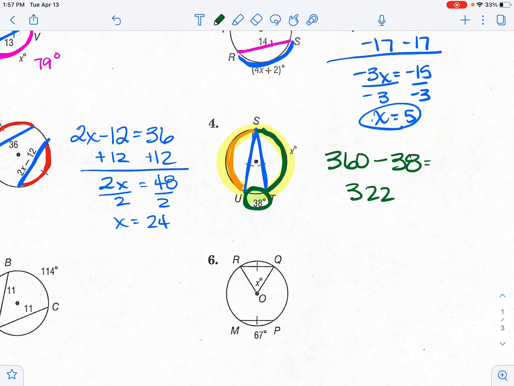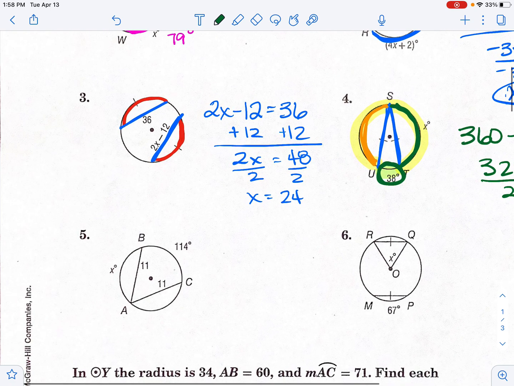But X isn't the entire arc, it's only 1/2 of it. So we simply divide it by 2. So it is 161 degrees.